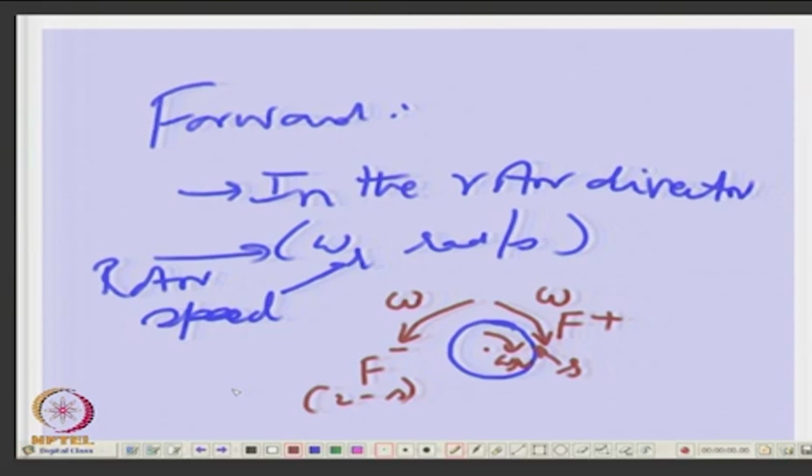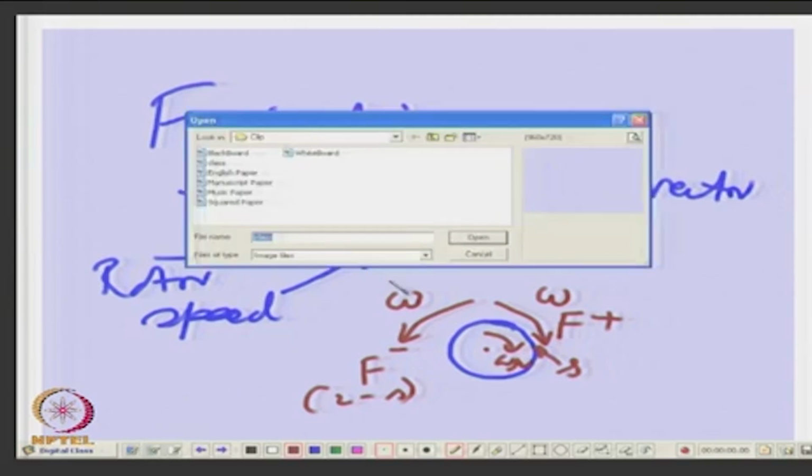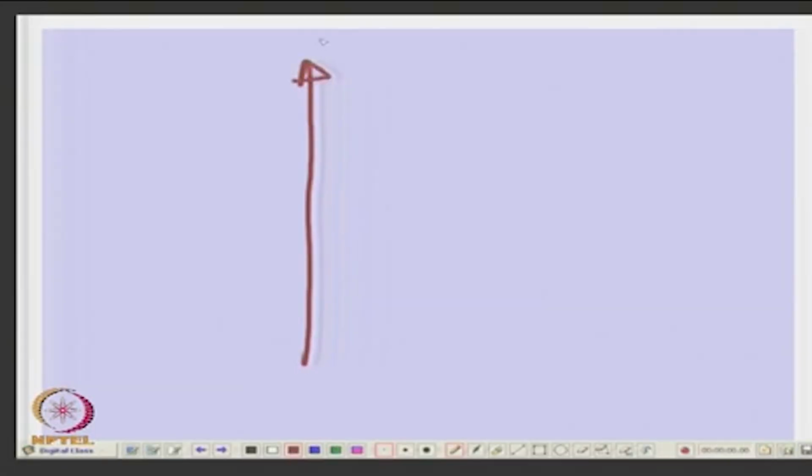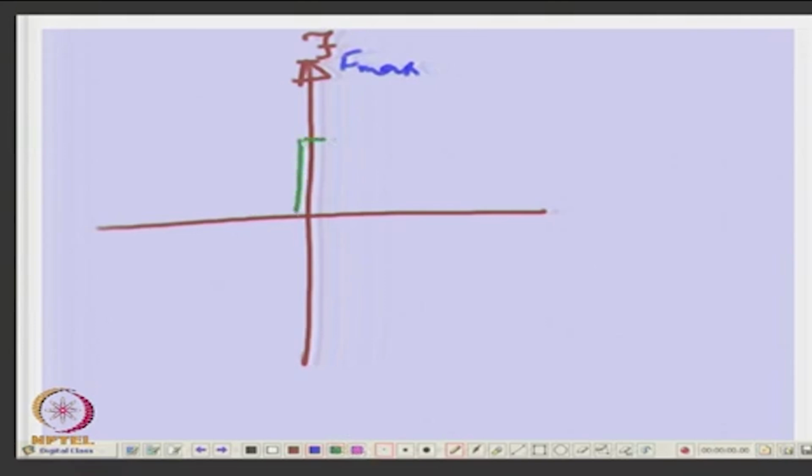Now, what we notice here is that we have a pulsating field, which is stationary here, and its amplitude of course is f max. What we say is it is split into halves, half f max and this is also half f max.